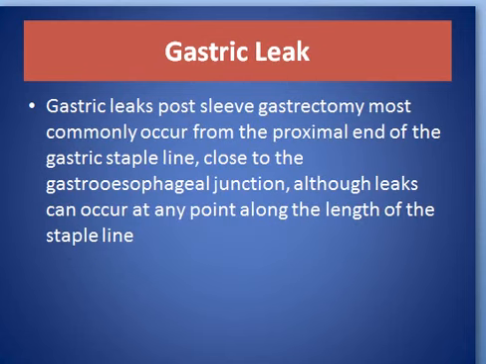Gastric leak. Post-operative sleeve gastrectomy leaks most commonly occur from the proximal end of the gastric staple line close to the gastroesophageal junction, although leaks can occur at any point along the length of the staple line.